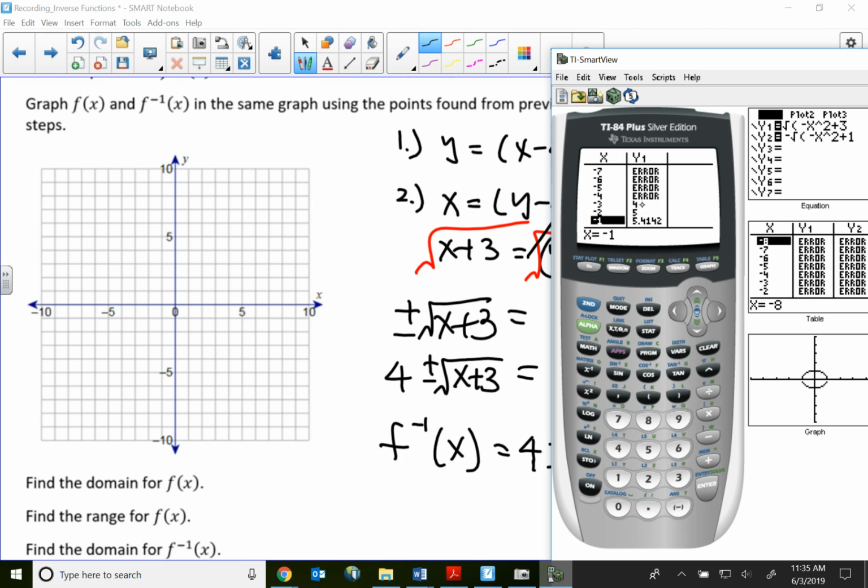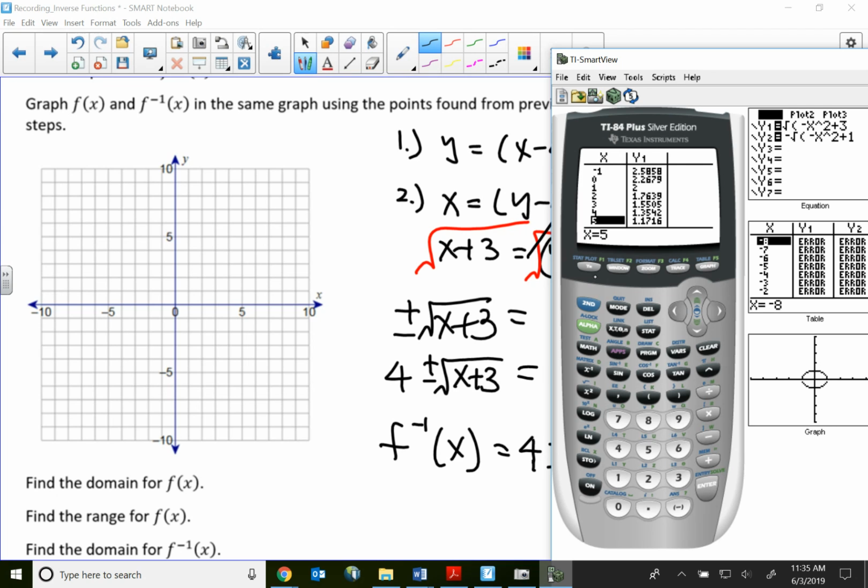See, starting at 4. Now, let me do the minus version of it. See, this one going downward. When we go downward, all the y values after that point are actually not going to be greater than or equal to 4.